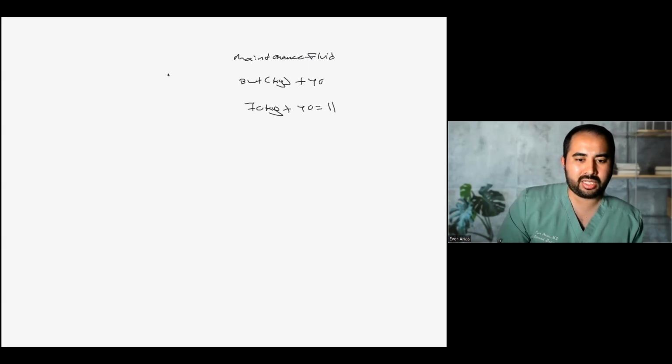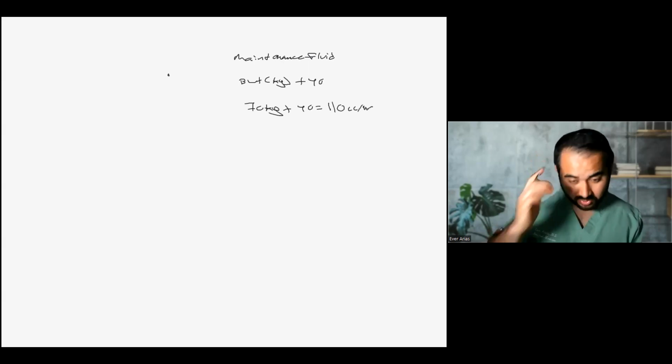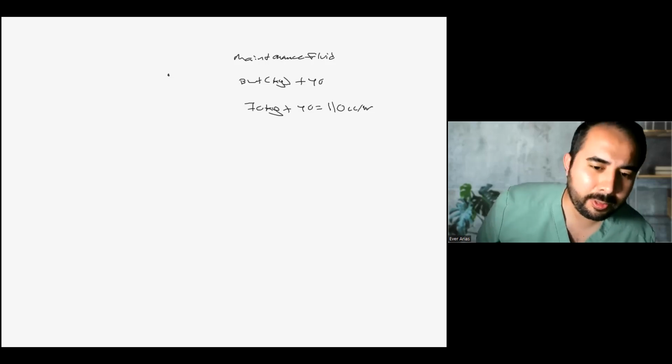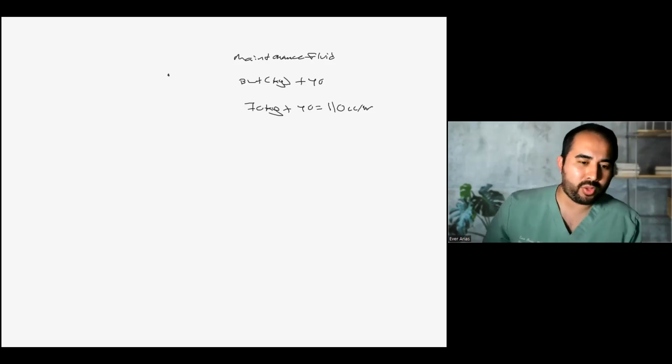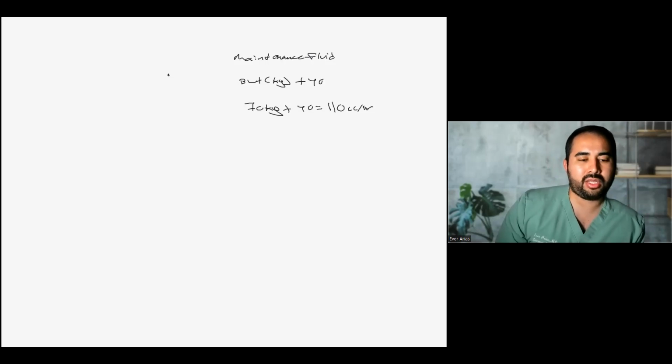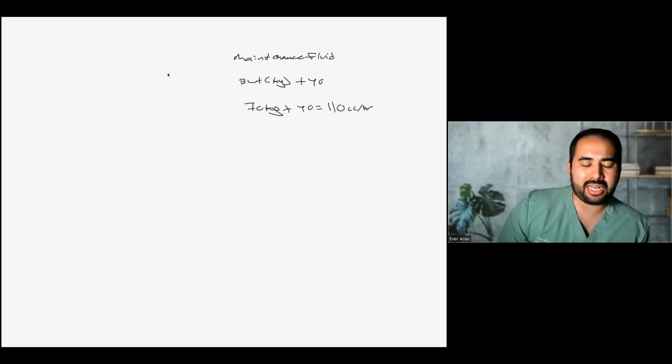That's 110 cc's per hour. So that's usually the rate you're doing it. It's not a bolus, so there are different ways that you do it. That's kind of maintenance. Usually you do 100 cc's for most people for maintenance.